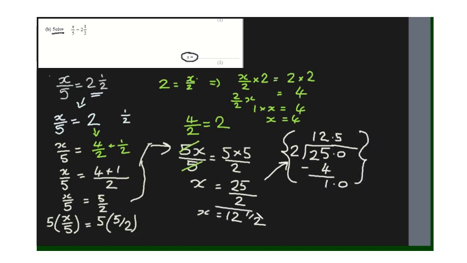So our x equals 12.5. Let's check this up here. This is going to be our little check section. If x equals 12.5, then our solution equals what do we have? 5 over 2. Okay, let's substitute x in there.